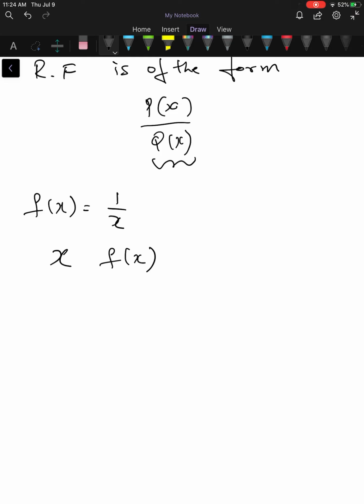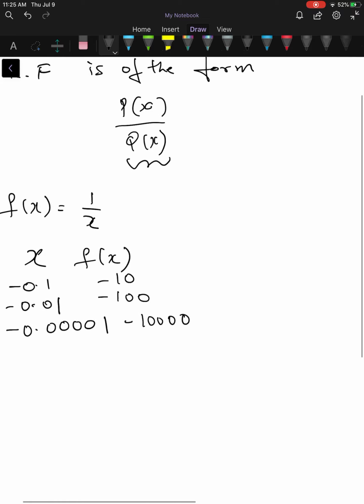If x is closer to the negative side, you will have negative 0.1, negative 0.01, negative 0.00001, with 4 zeros and 1. Their corresponding functional values: for negative 0.1, 1 over negative 0.1 is negative 10, and 1 over negative 0.01 would be negative 100, and the last one would give us negative 10,000.